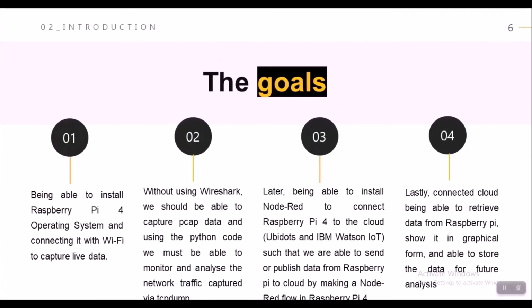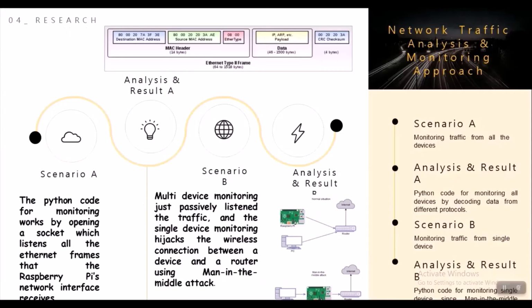So this slide is about the goals that I was thinking to achieve and had already achieved. Scenario A is monitoring the traffic from all the devices, and scenario B is monitoring the traffic from only one device. So what is the analysis?